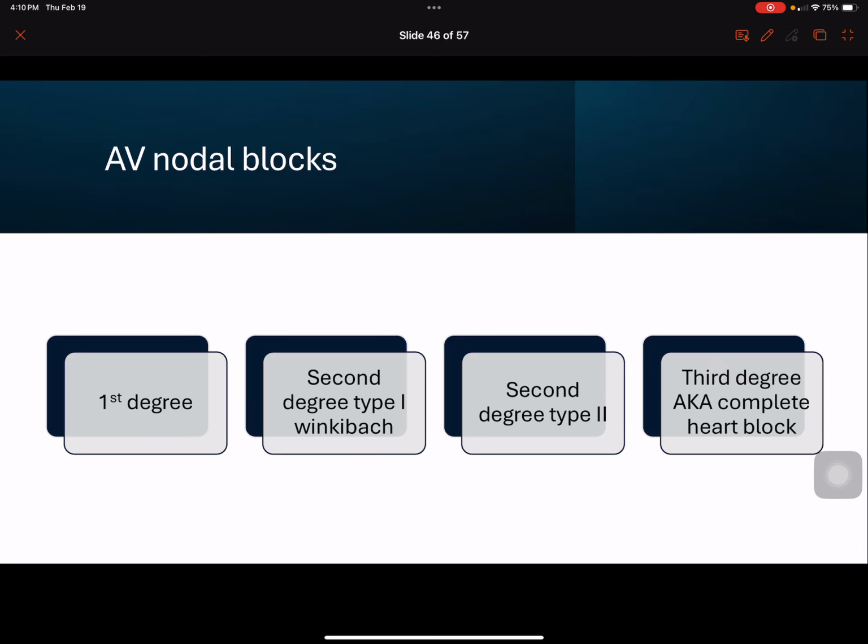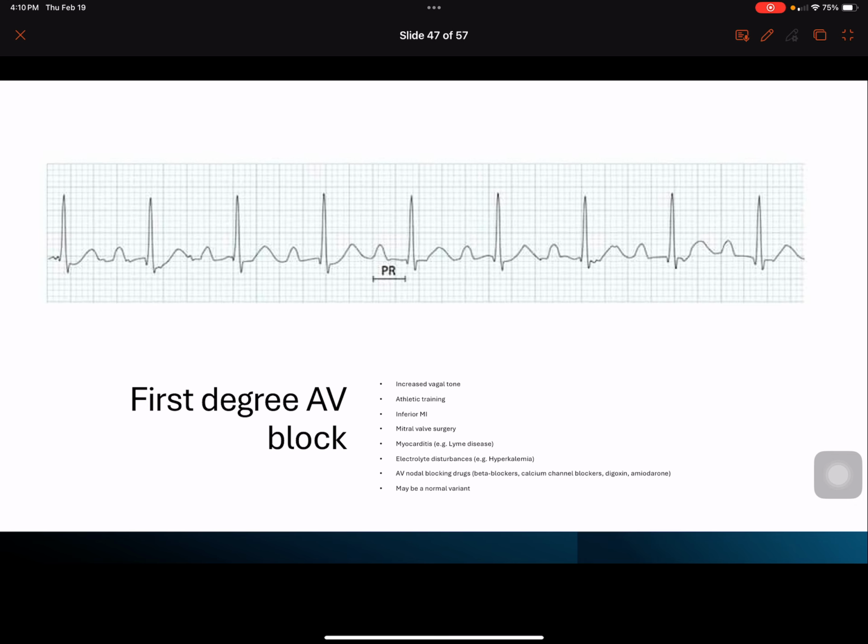All right, AV nodal blocks. This is one that all students love because it's all over every test, so it's one that we're going to spend a good amount of time on. When I say AV nodal block, it's a blockade of the AV node, and there are different types of blocks.